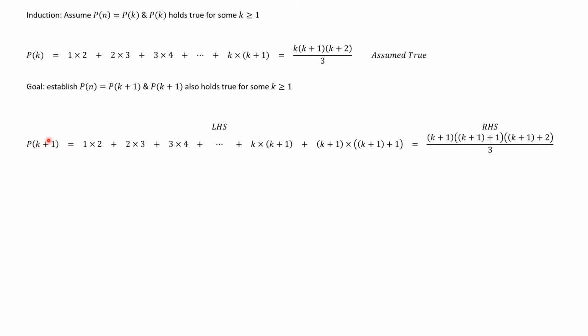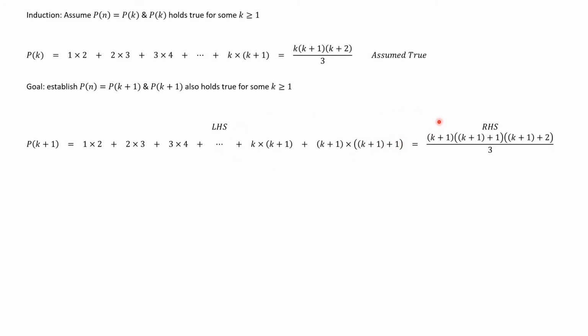P of k plus 1 is going to equal 1 times 2 plus 2 times 3 plus 3 times 4 plus ... plus k times k plus 1 plus, this is when we add the k plus 1, that's k plus 1 times k plus 1 plus 1.